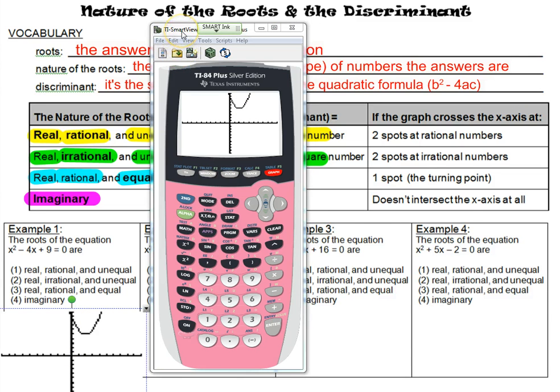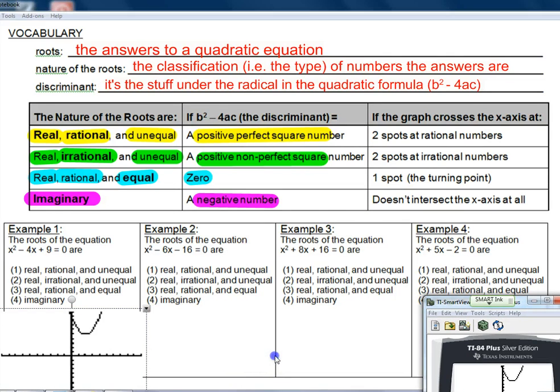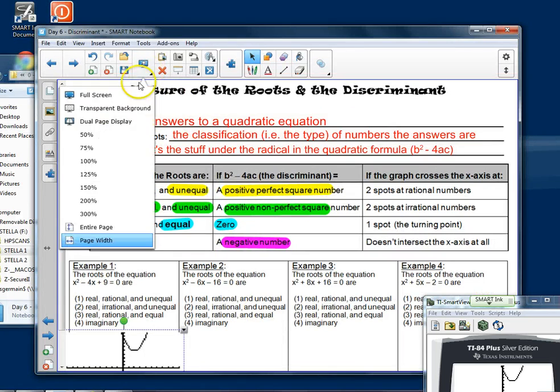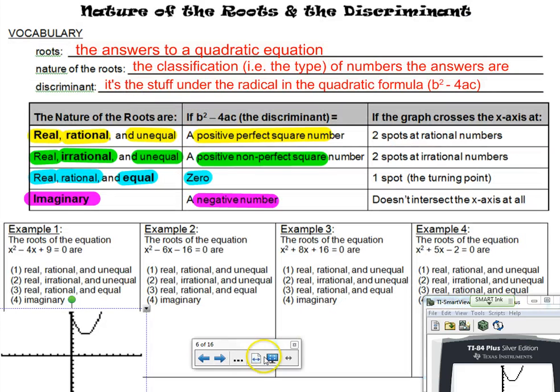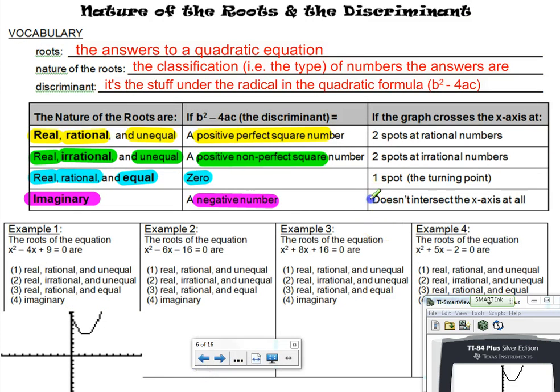If it's not crossing the x-axis at all, this implies that the answers will not be real, and that is why we know automatically right now, if it doesn't cross the intersection at all, we know it's going to be an imaginary answer. So we know it's going to be that one. So that's what it would look like graphically.